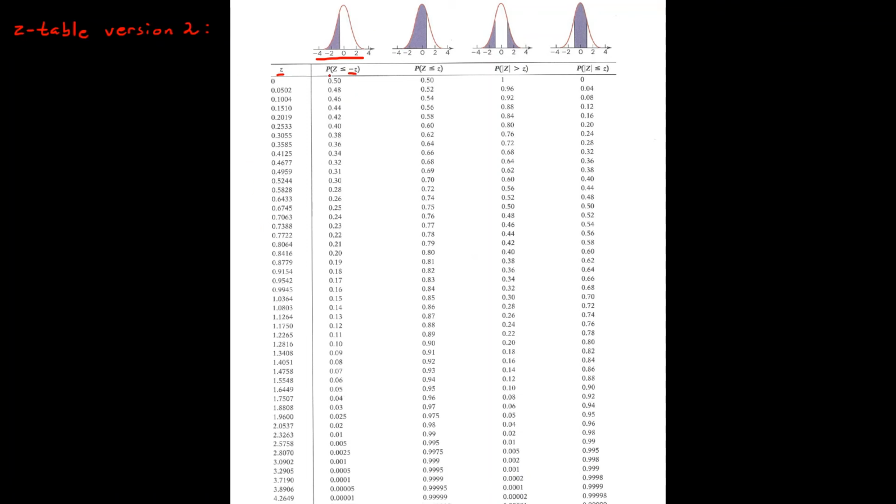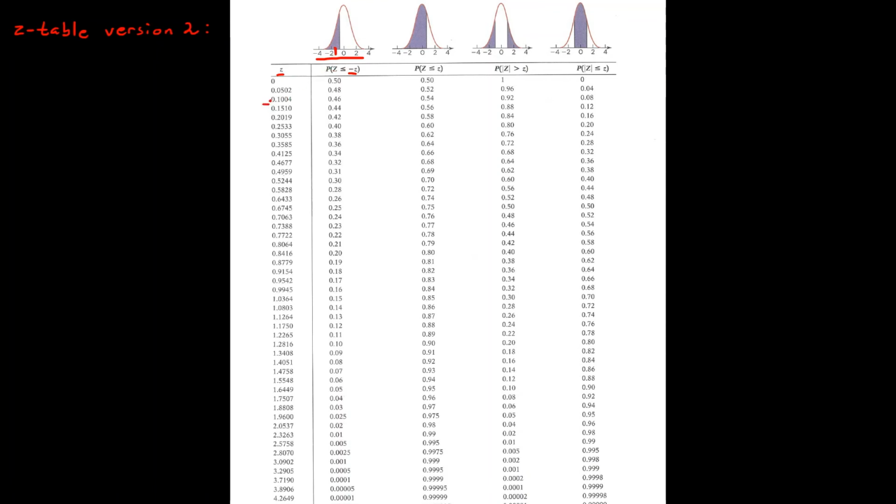If you have a z number of around negative 0.14, you wouldn't find exactly that number.